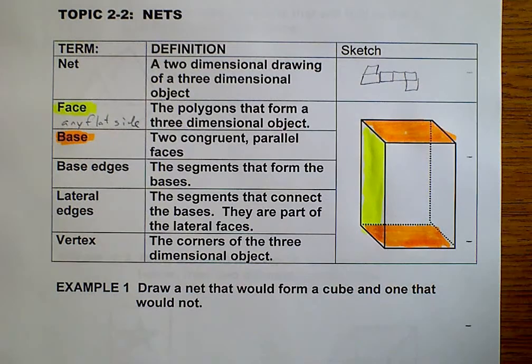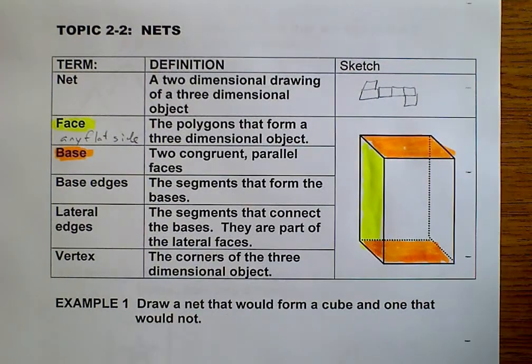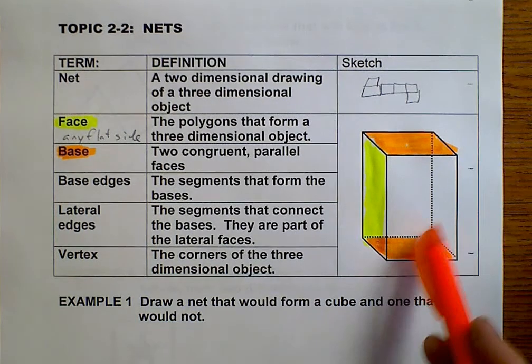Okay? Two parallel sides that are opposite the shape. Now I chose to make these two my bases because I want to see this as a square prism. Because it's a rectangular prism, I really could have chosen any two to be my base. But I wanted to go ahead and choose these two.